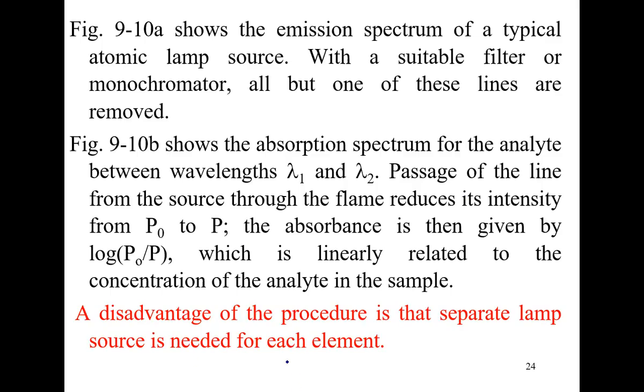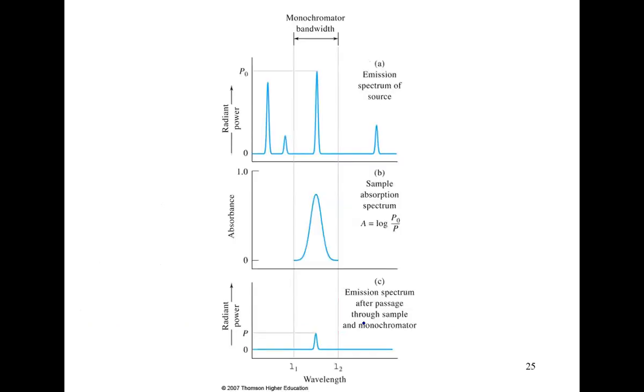So all these other words here are trying to show you the diagram, and then I will explain figures 9-10A and 9-10B. In 9-10A you notice that there are peaks, and you need a monochromator with a bandwidth in that region.